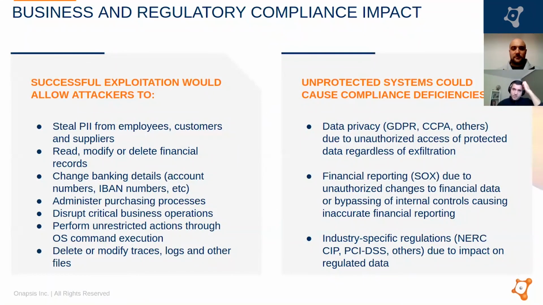I mentioned the compliance impact. You have some references here of what it means. Depending on the information that is at risk, we are talking about different regulations: GDPR, CCPA, SOX, HIPAA, and PCI. So that really depends on the type of data.